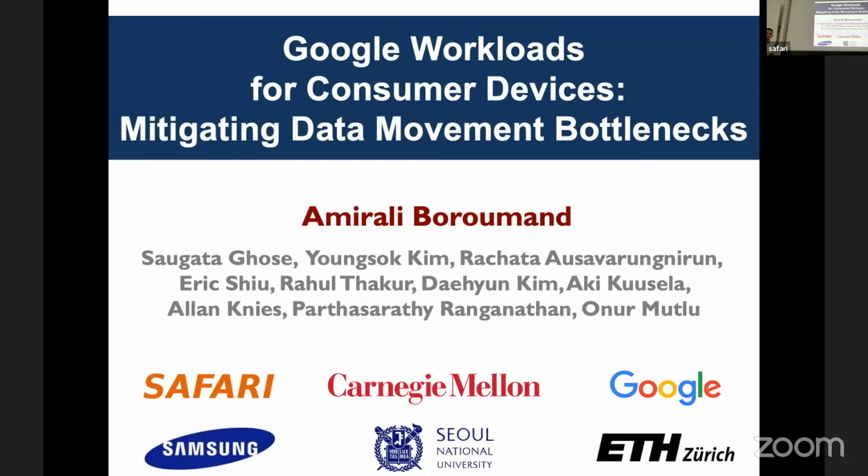So yet another realization of these memory-centric architectures. Now we are going to look at mobile devices. In the first one, we were looking at graph processing. The second one was designed for genomics, and now we are going to design a system for consumer devices or mobile workloads.